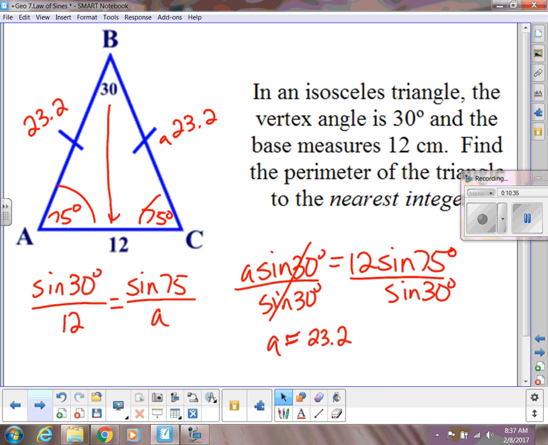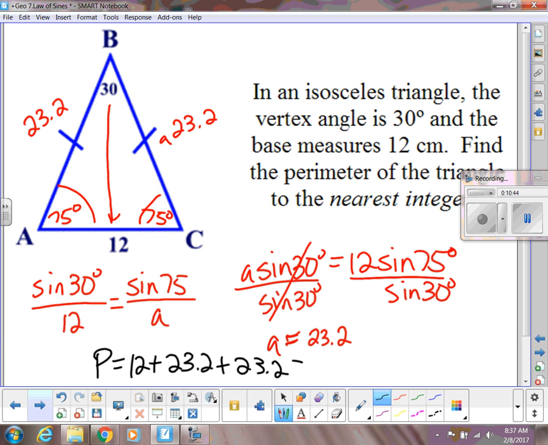So my perimeter would be all of those added up, 12 plus 23.2 plus 23.2. Which if you add all those up, you get 58.4. And it does say to round to the nearest integer, so that would be approximately 58 centimeters for that perimeter.